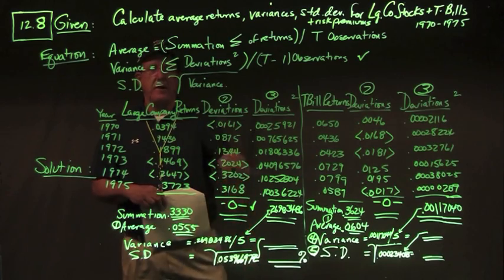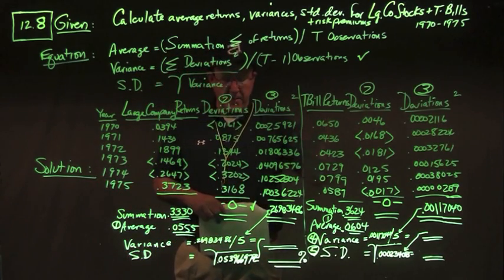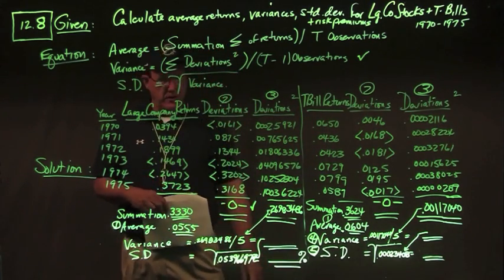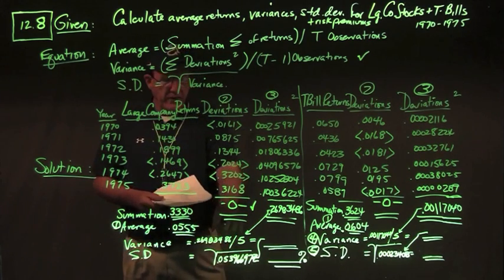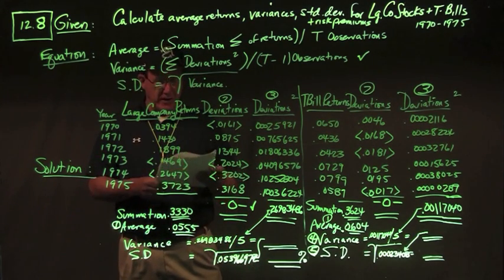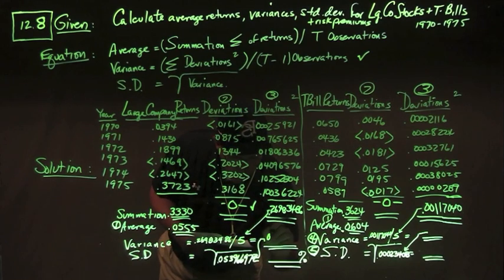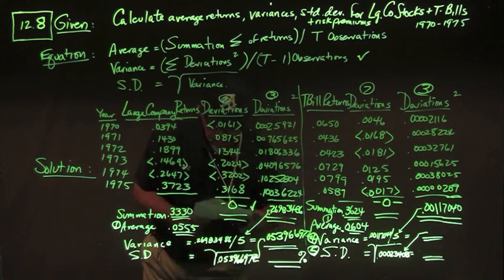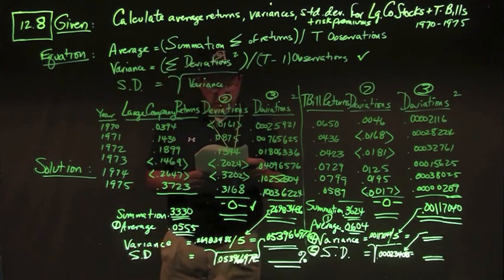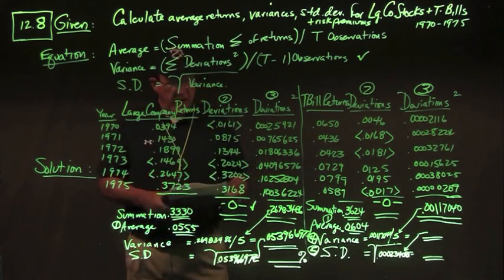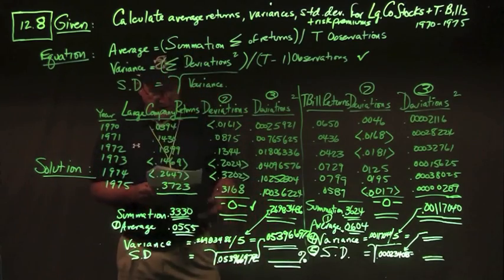Now to calculate my variance, I take that number divided by t minus 1 observation. So 0.26983486 divided by 5, which is 6 minus 1. I get a variance of 0.053966972, and then I take the square root of that to get the standard deviation.